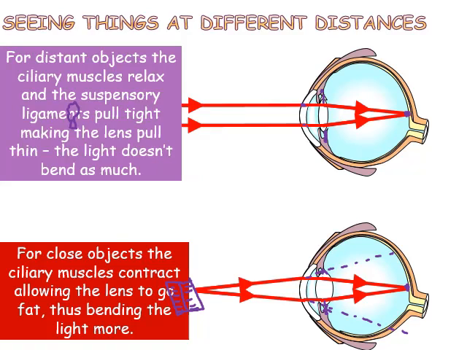Okay, and the lens becomes shorter and fatter. By the way, naturally, your lens is used to looking at long distances. It actually requires effort for the muscles to contract and pull the lens short and fat, and that's why over time your vision begins to deteriorate.